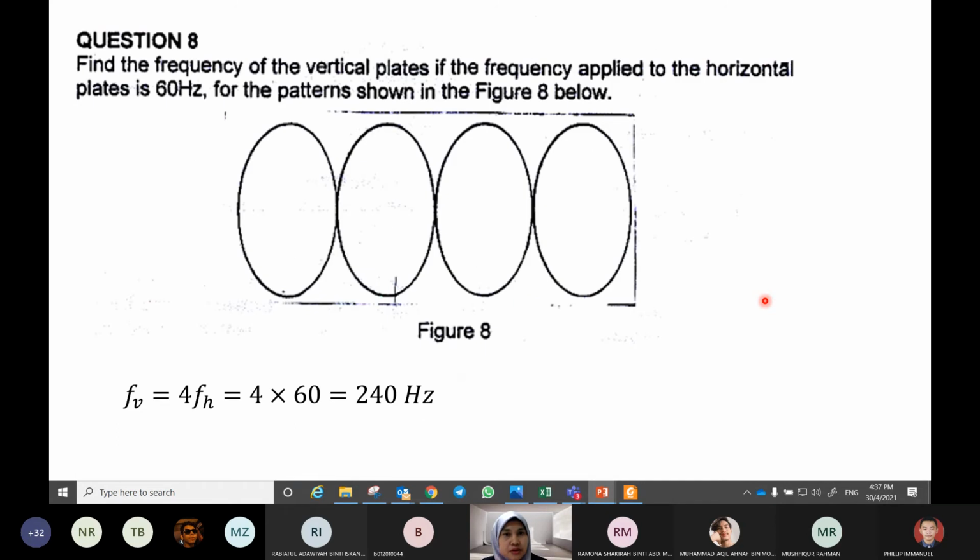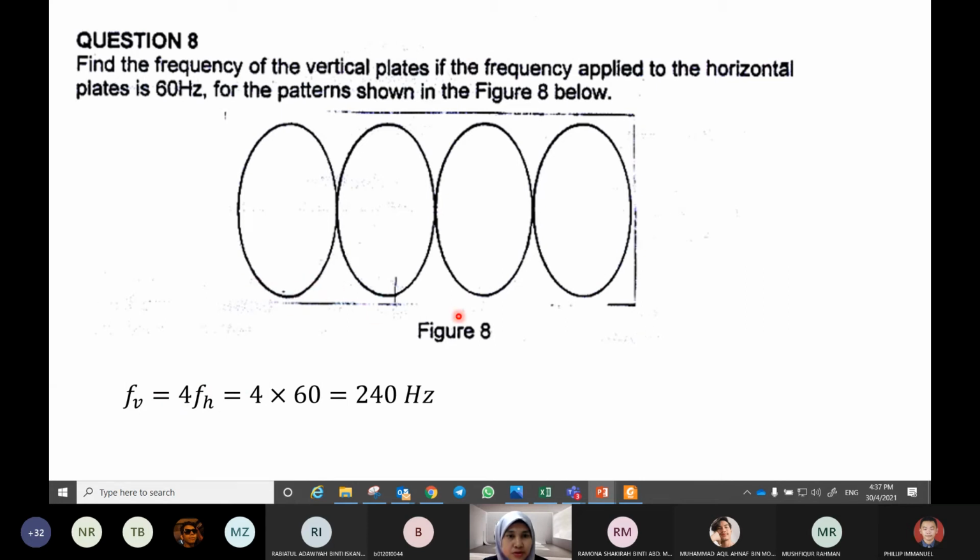This is a Lissajous pattern. Find the frequency of the vertical plates if the frequency applied to the horizontal is 60 Hz. So we should write the equation for the ratio of frequency first. How many loops on vertical?